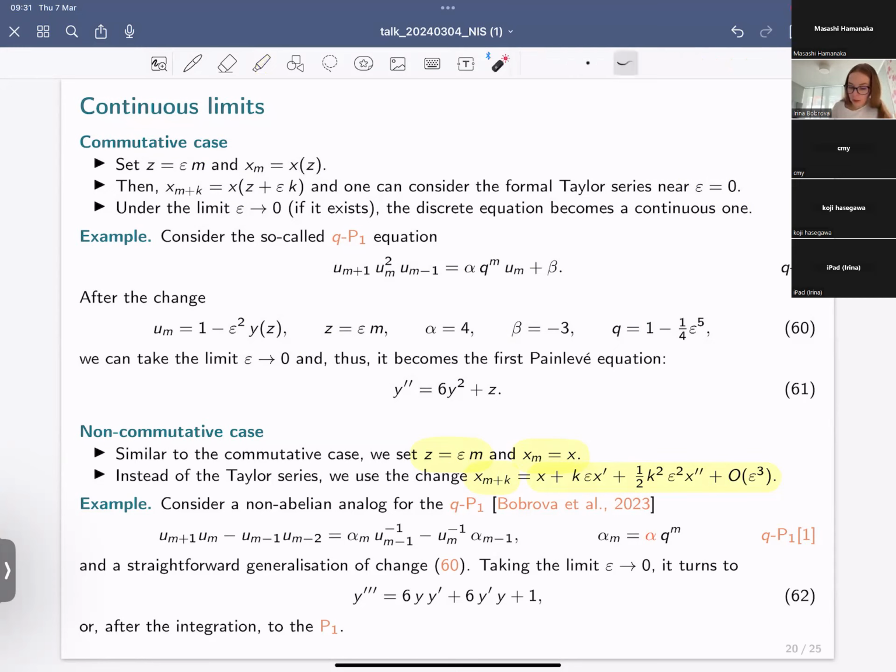And we can substitute all this into our difference non-abelian equation. And if this change of variables is good, we can take the limit. Then our discrete system becomes a continuous system.